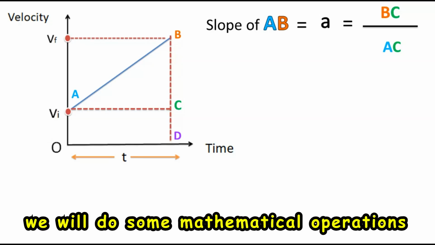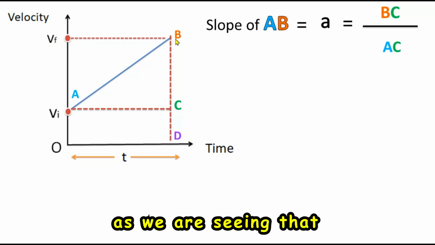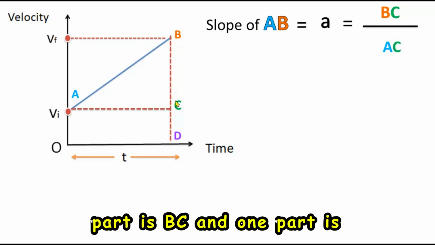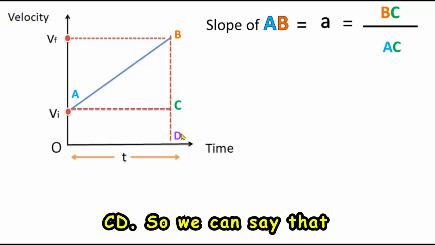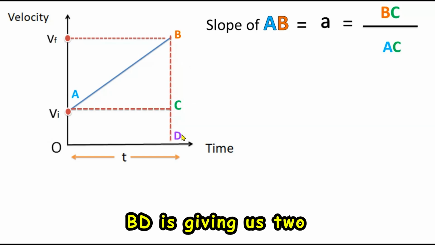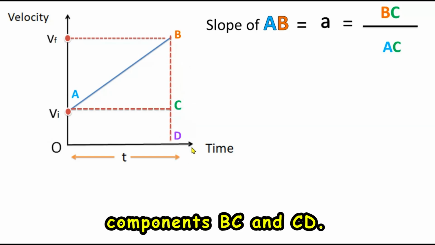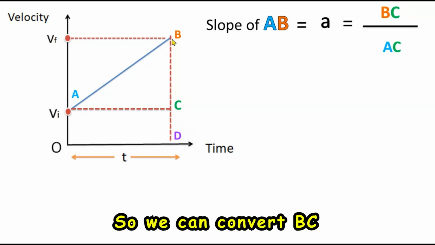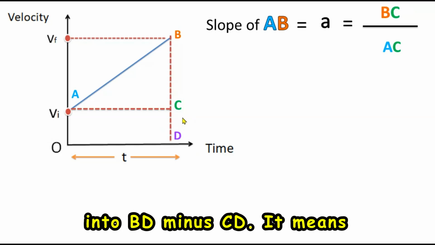Now we will do some mathematical operations, as we are seeing that BD is divided in two parts. One part is BC and one part is CD. So we can say that BD is giving us two components, BC and CD. So we can convert BC into BD minus CD.